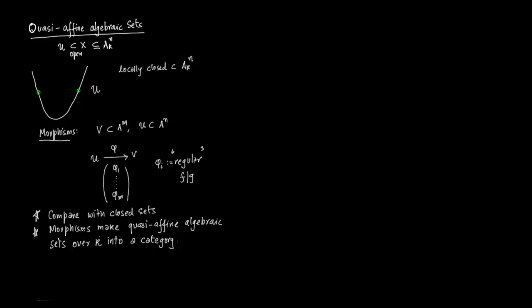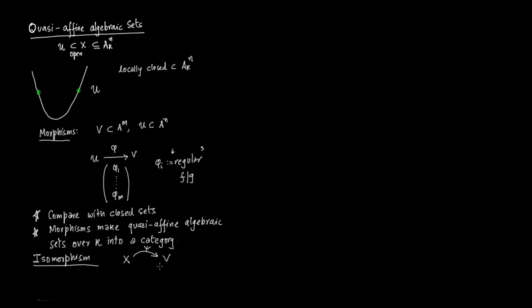Now let us talk about some examples. Before we talk about examples, I just want to talk about what would be an isomorphism. Isomorphism of quasi-affine algebraic sets. So now take two quasi-affine algebraic sets, X and V, and we have morphisms between them, varphi and phi.